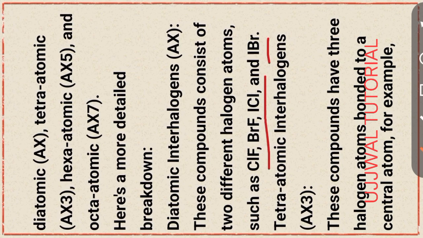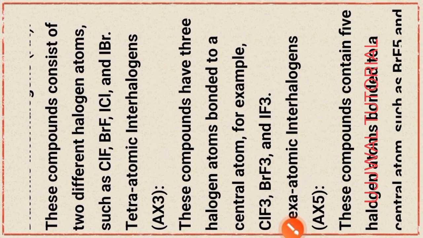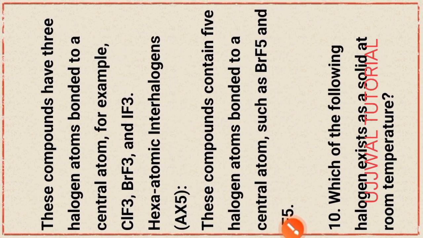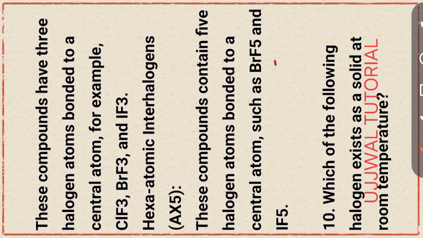Tetratomic interhalogen examples are ClF3, BrF3, and IF3. Hexatomic interhalogens, for example, are BrF5 and IF5. Clear?